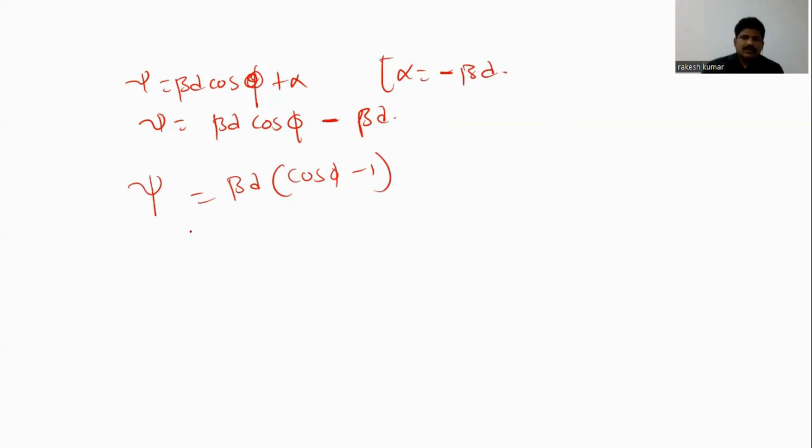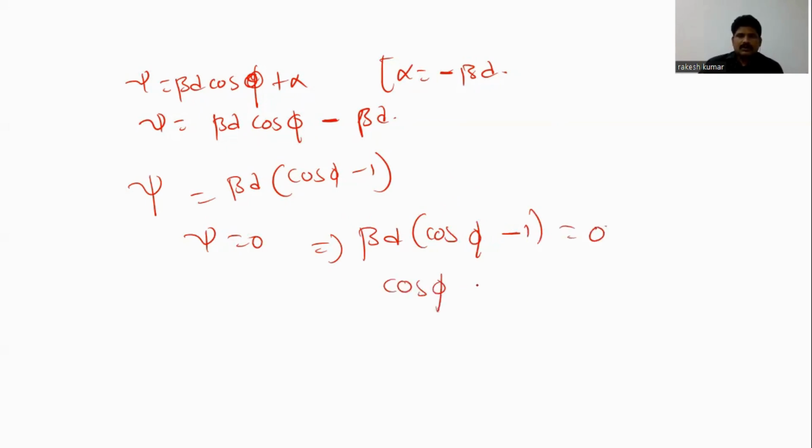So the expression for the major lobe is psi should be equal to 0. Therefore, beta d (cos phi minus 1) is equal to 0, therefore cos phi is equal to 1, and phi maximum we get at 0 degrees.